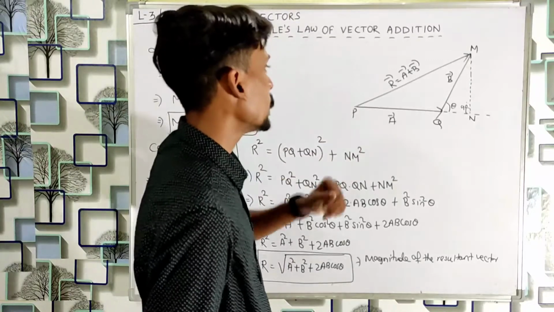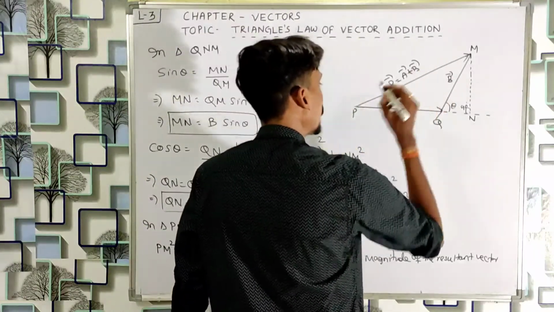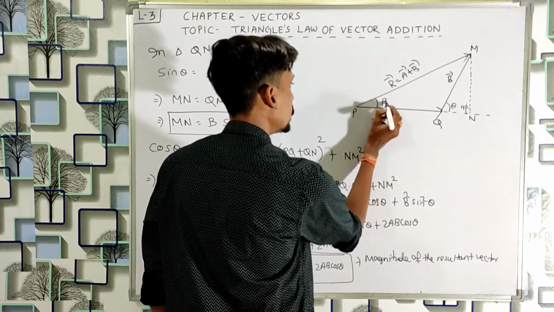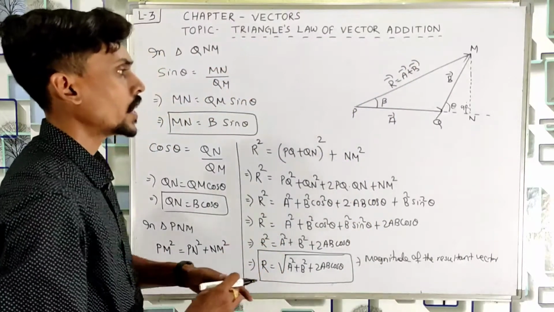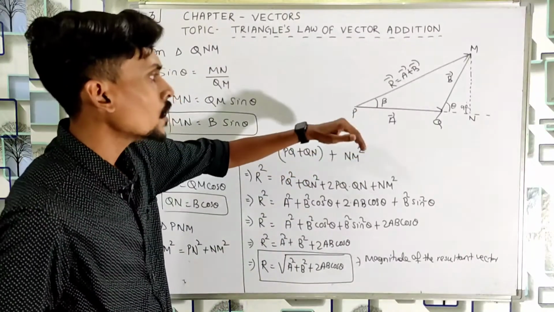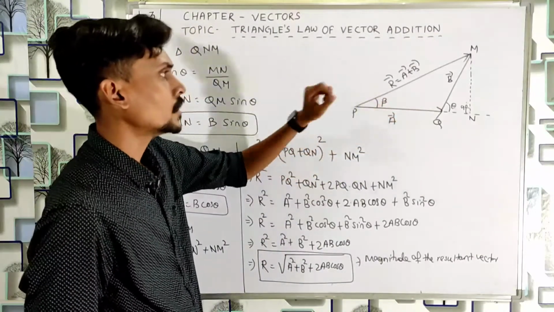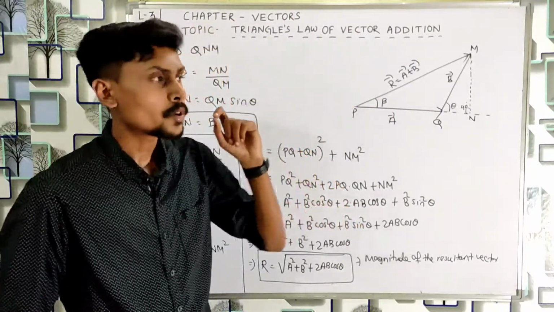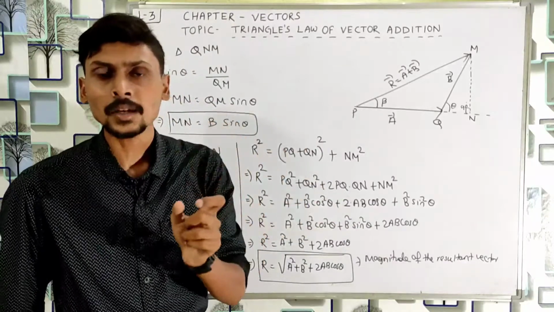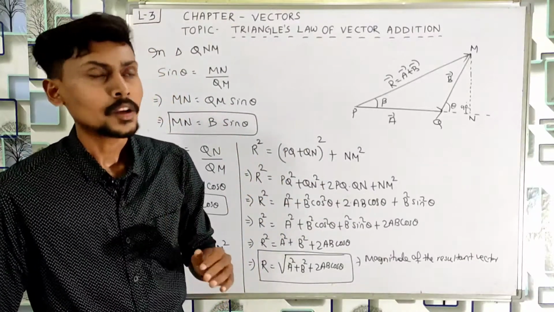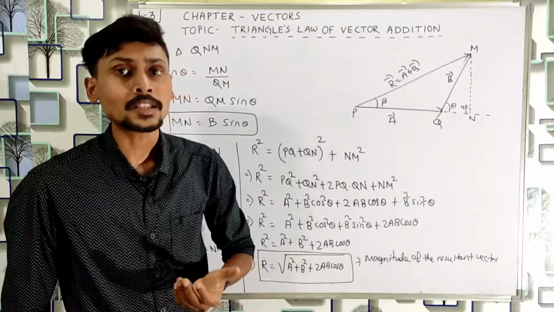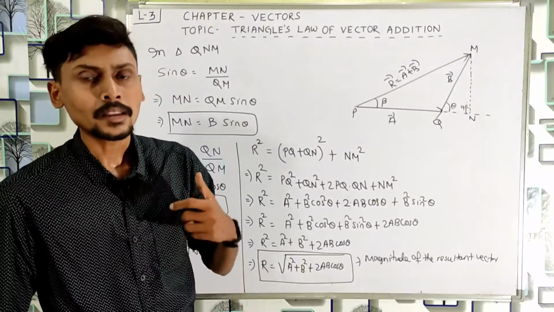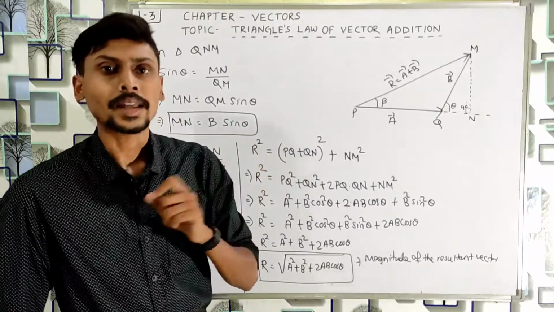So in this diagram you can see that this is vector R, and suppose vector R makes an angle beta with vector A. So if we derive the expression for beta, then we can easily find the direction of R vector, because we know the direction of A and the direction of B. So if we can find the angle made by the resultant vector with vector A, then we can determine the direction of R vector.